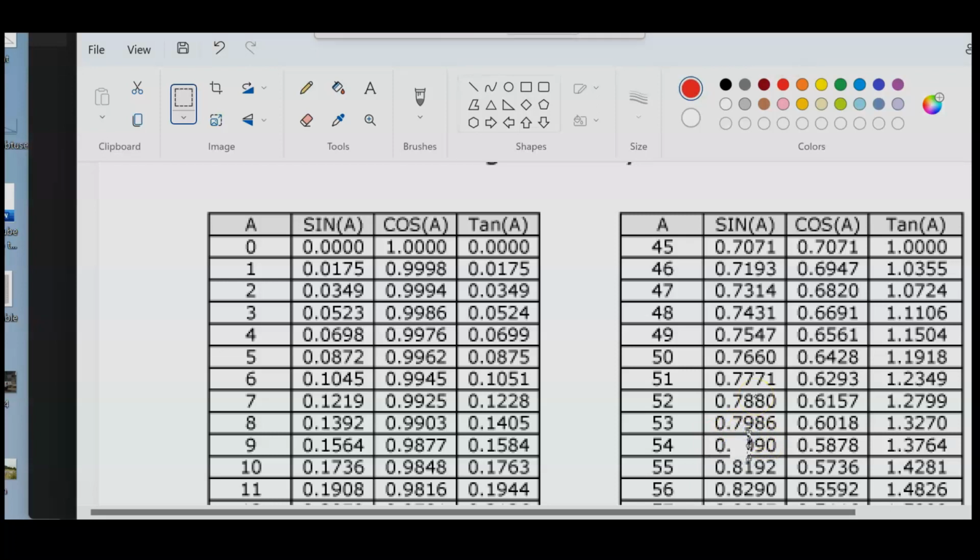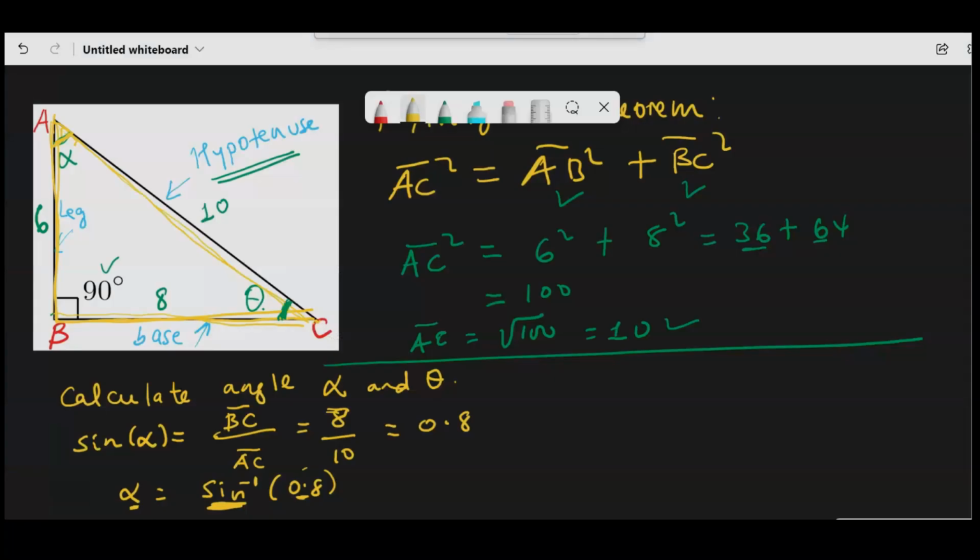To be more specific, you can use this value as 0.7986, which is angle 53. So we can take alpha as 53. From the trigonometric table, sine inverse of 0.8 is 53 degrees.